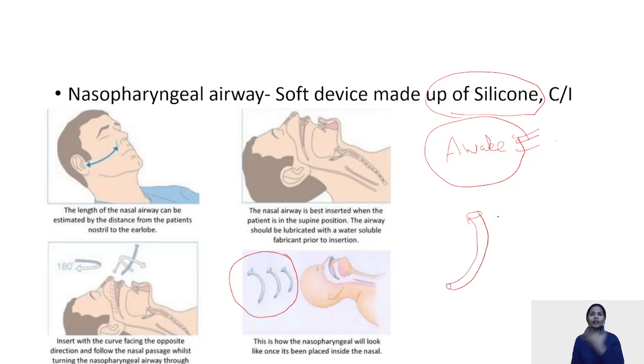I'll be showing you the uncuffed ET tubes, but please remember the uncuffed ET tubes have markings on them plus a connector which is connected to the ET tube, whereas your nasopharyngeal airways don't have any connectors or markings on them, and they are made up of silicone, whereas your uncuffed ET tubes are made up of polyvinyl chloride, that is, they are PVC tubes.